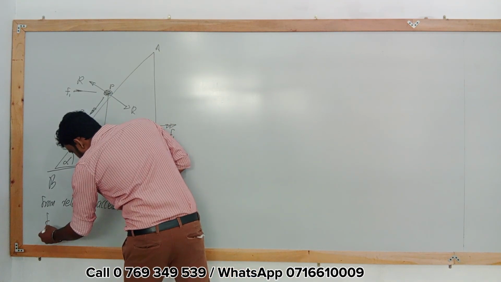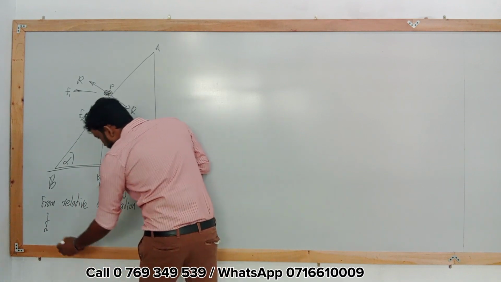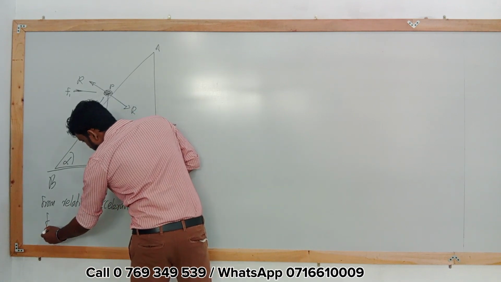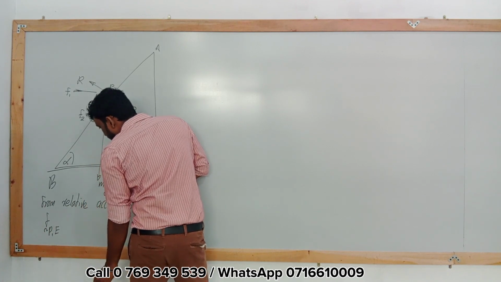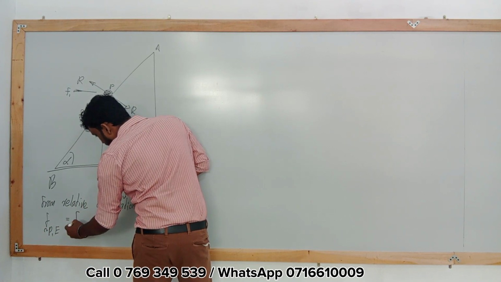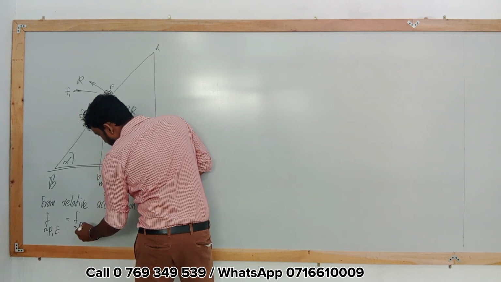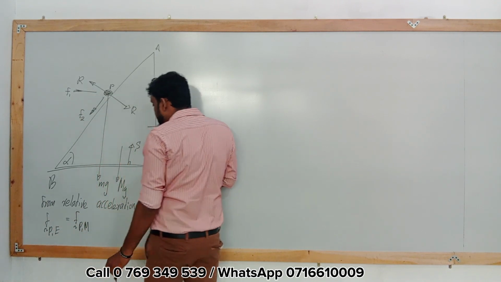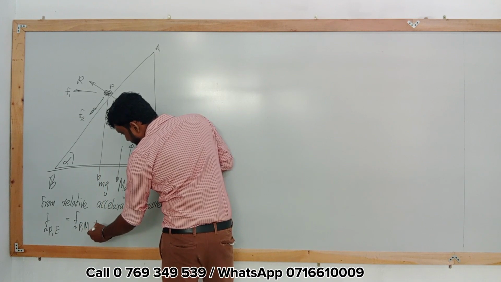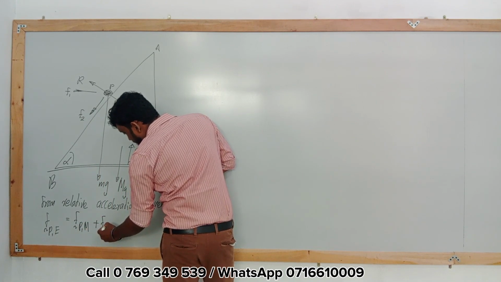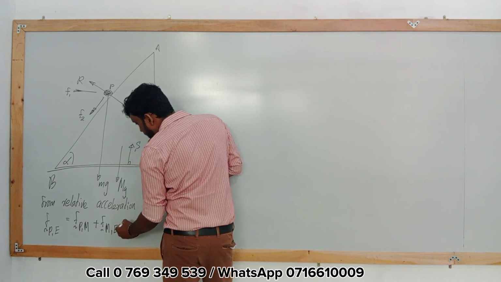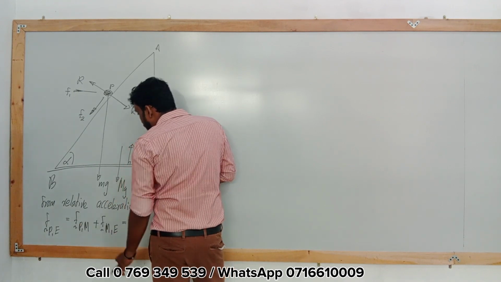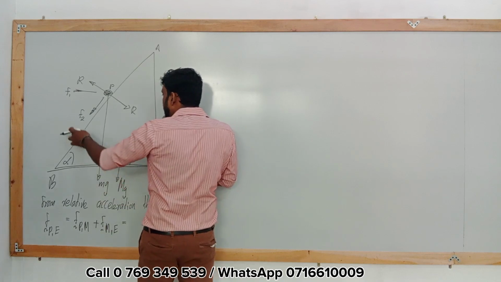If that is the vector, if particle P relative to Earth, and if P relative to M, that is the wedge. If wedge relative to Earth, P relative to wedge, F2.